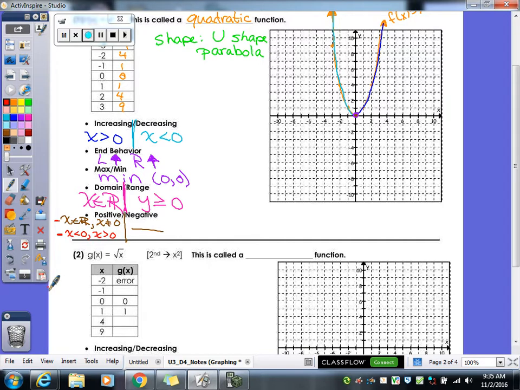So you're saying it's positive when x is less than 0 and when it's greater than 0. So either of those two ways doesn't matter. What was that, Tanner? X cannot be equal to 0 because then it's not positive. So, can't equal 0.